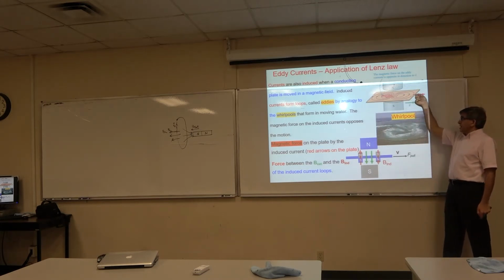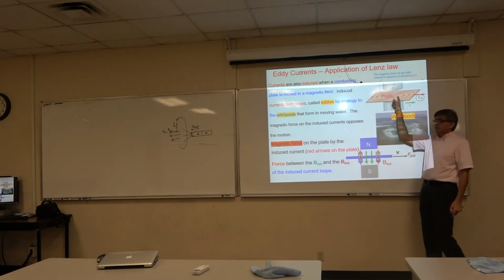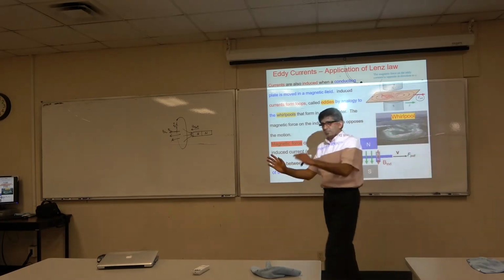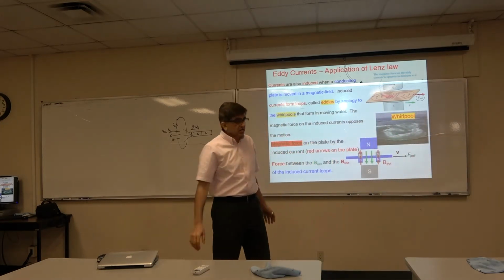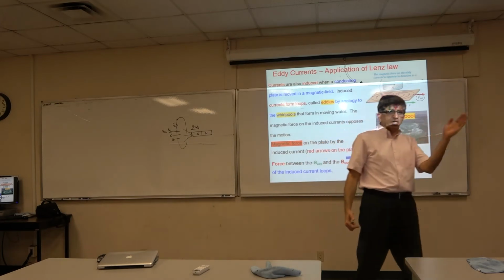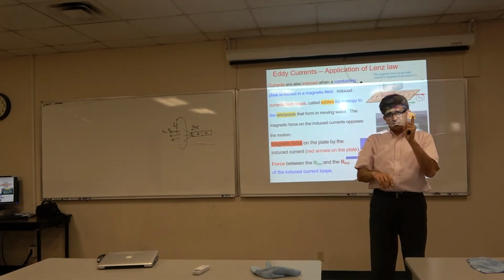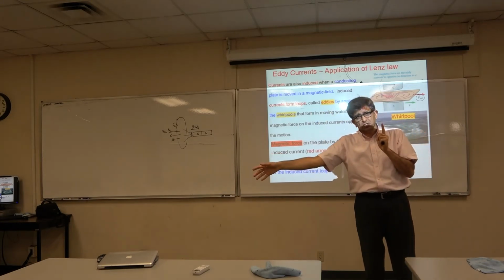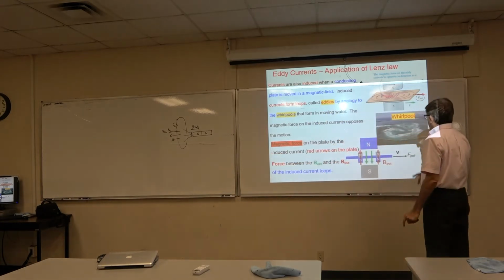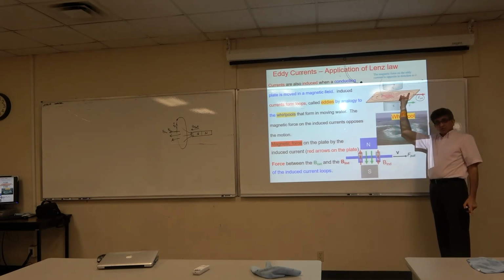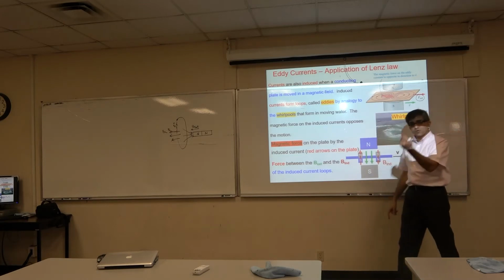Now the moment I pull this, there will be an effect of this cause, which will also be a force, apples to apples, oranges to oranges, right? So if it was a magnetic field changing, the effect of the cause would be a magnetic field, which is the induced magnetic field. But since we are talking about the pull force, the effect will be an opposite pull force.